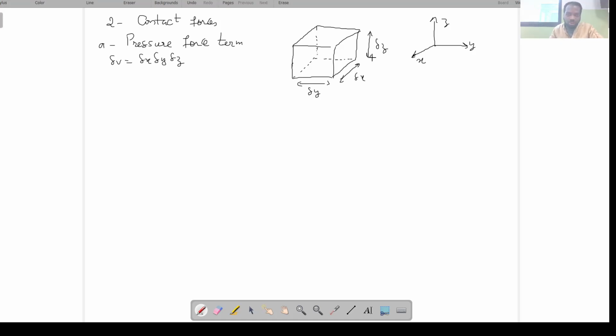The surface area of these two faces is delta S, which is delta X times delta Y. The surface vector on the top face points outward, while the pressure force points inwards the fluid element.